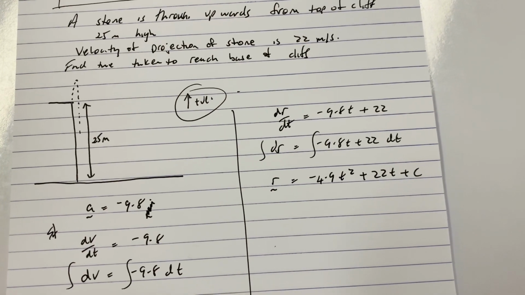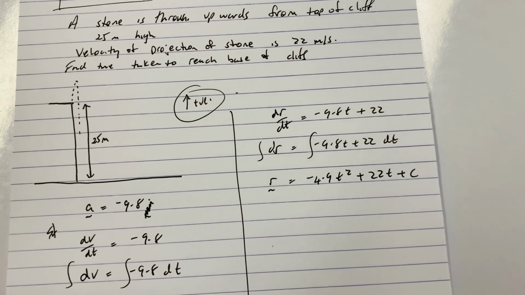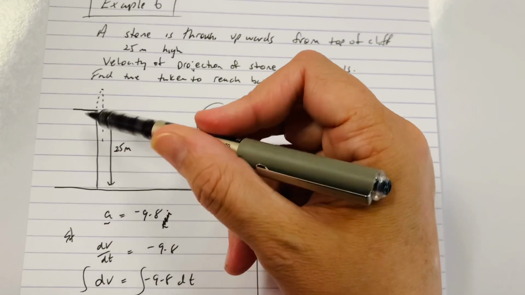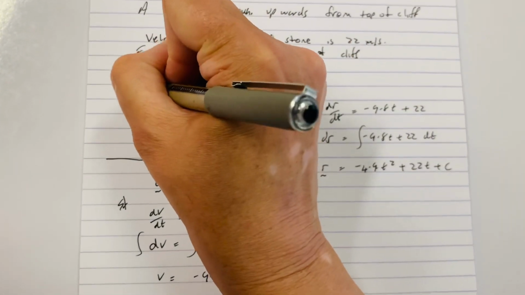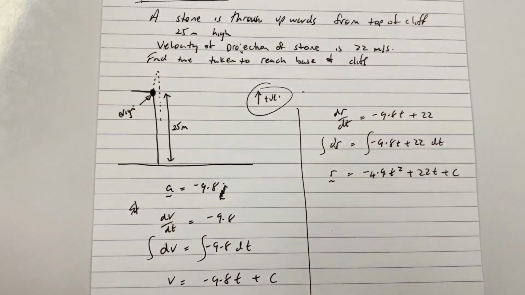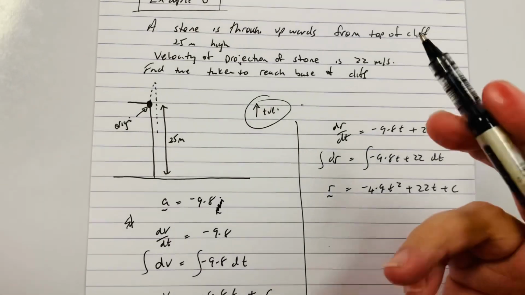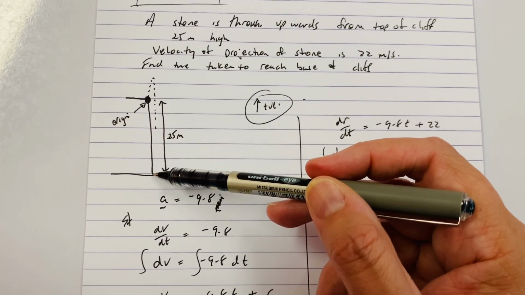Now, there's a choice you need to make. On my diagram, where do I choose my origin to be? I'm going to choose this to be my origin. That's my zero point, my initial point, so I'm going to use it there. There is the option you could use down here as your origin.